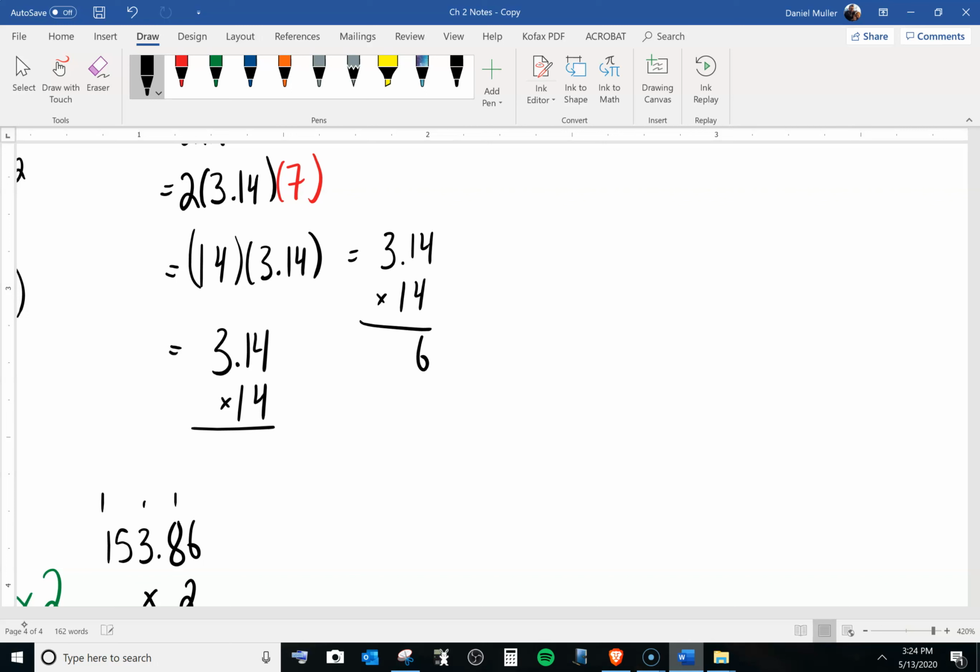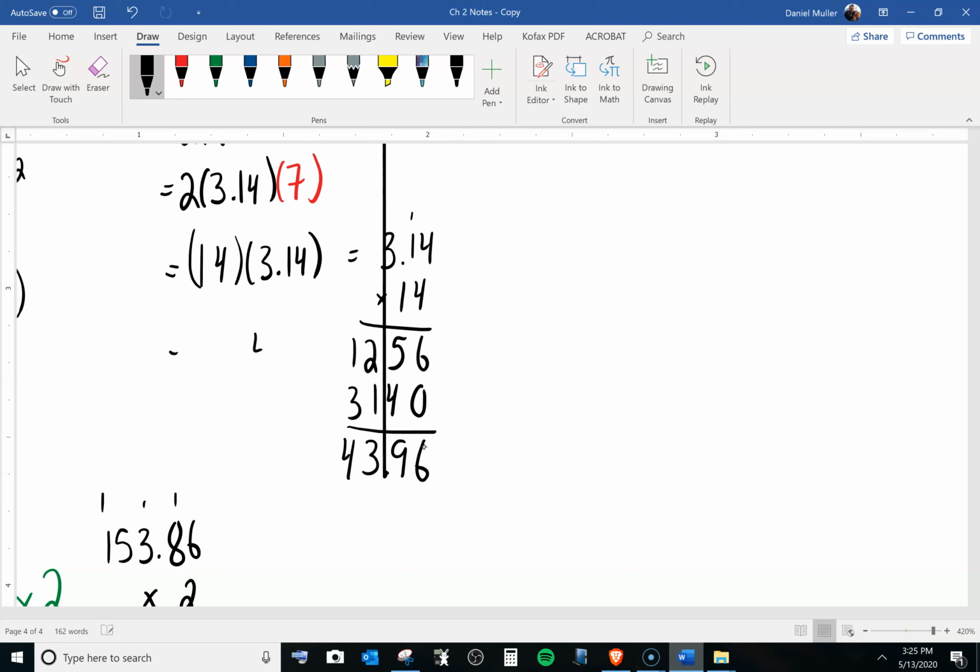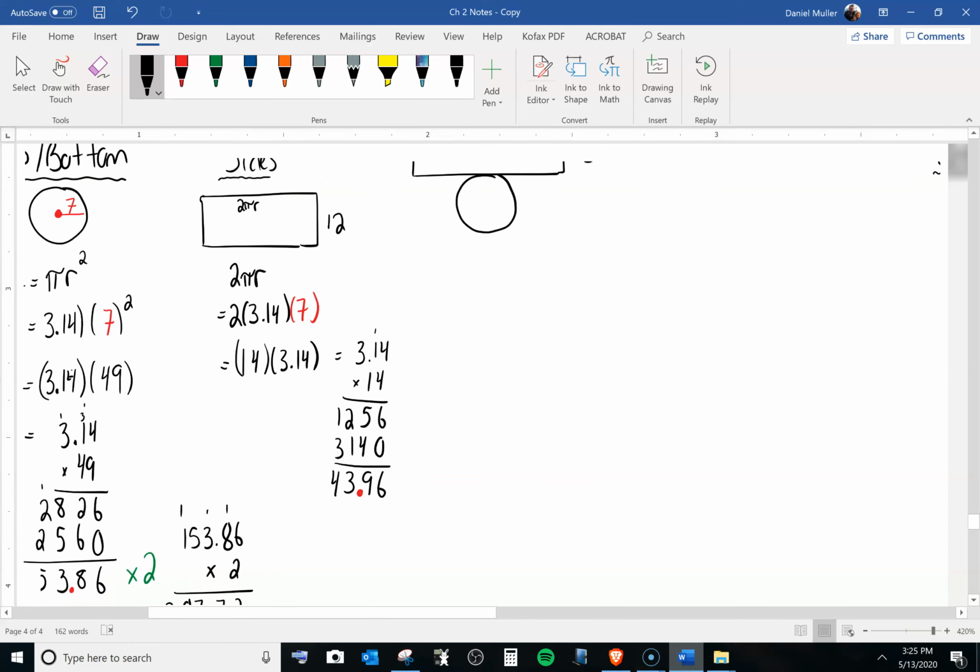So 4 times 4 is 16, 4 plus 1 is 5, and that's a 12, 0, and then 4, 1, 3. So I get 6, 9, 3, 4. So 43, and then I move the decimal place over twice. So I get 43.96.